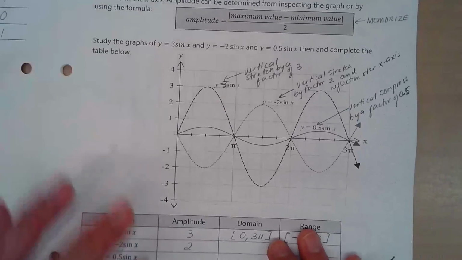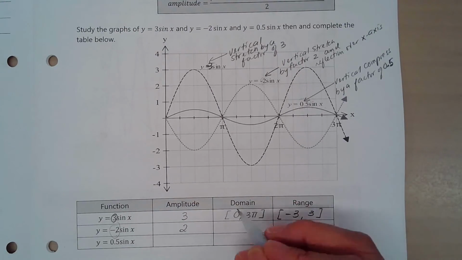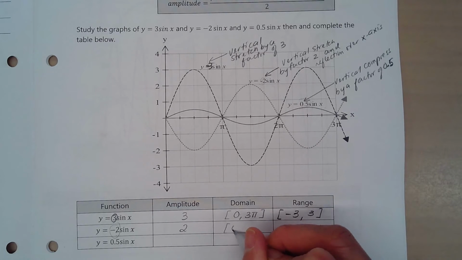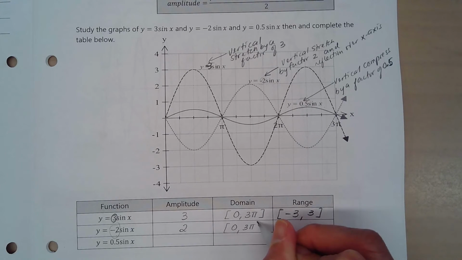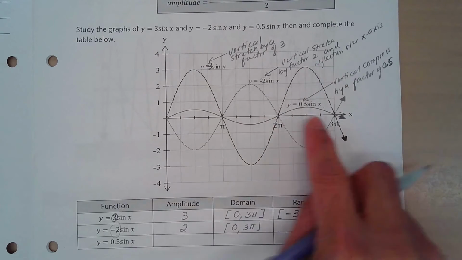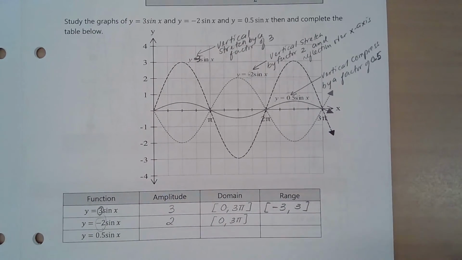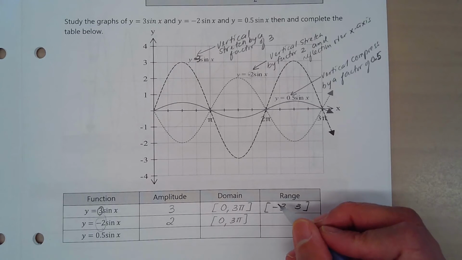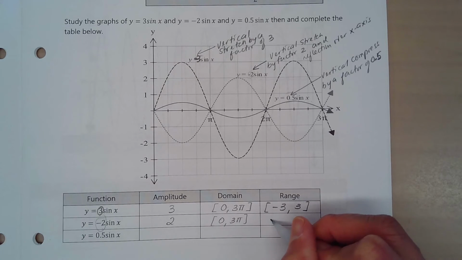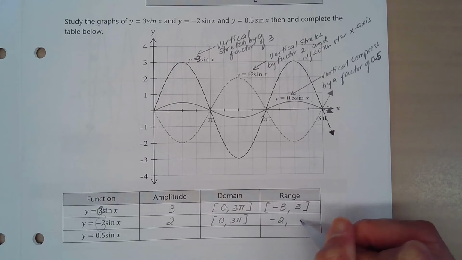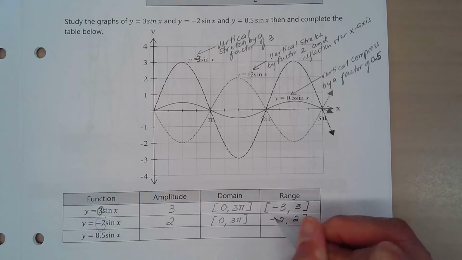So it's just +2. What's the domain? 0 to 3 pi. What's the range? -2 to +2.